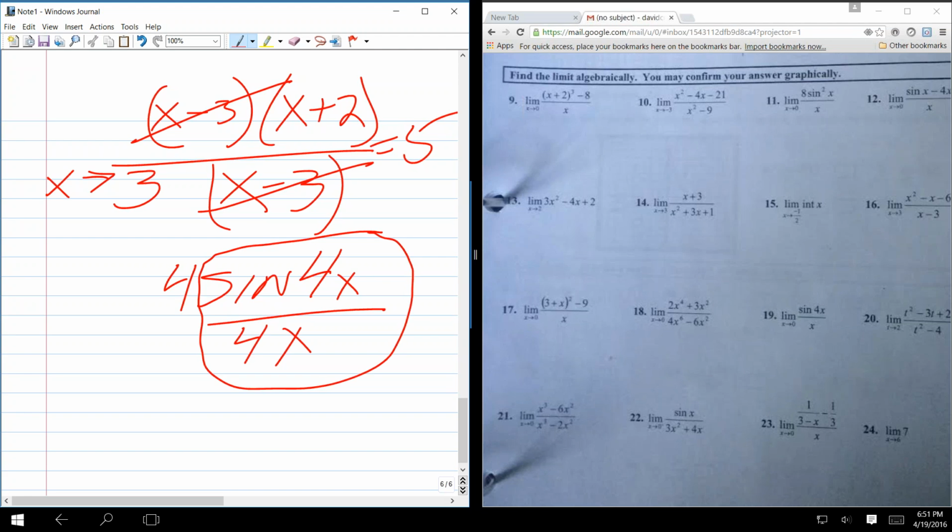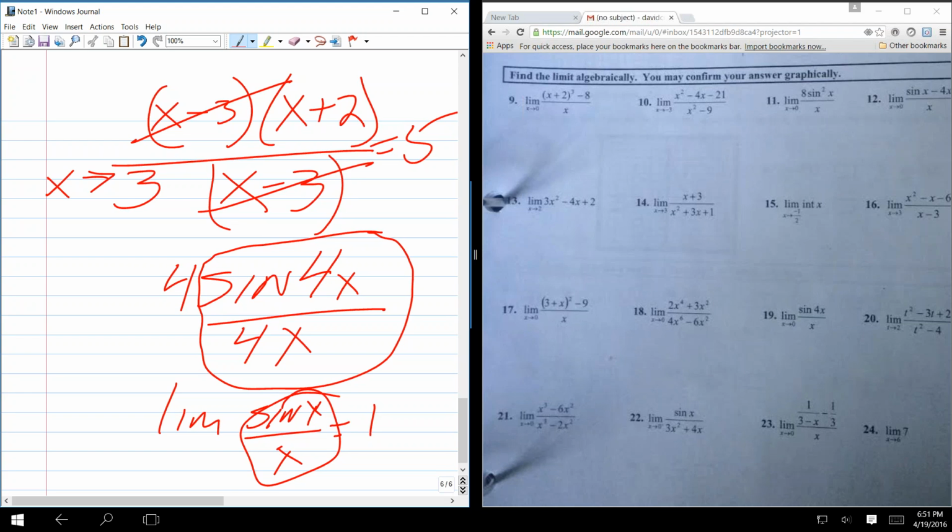No, the 4x's don't really cancel. We know that the limit of sine of x over x is 1. So it is just going to be 1 times 4? Yeah. No matter what the argument is, if you're dividing by that same argument, then you basically have this.